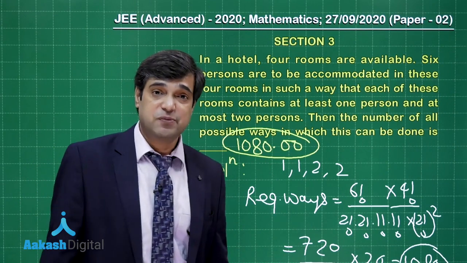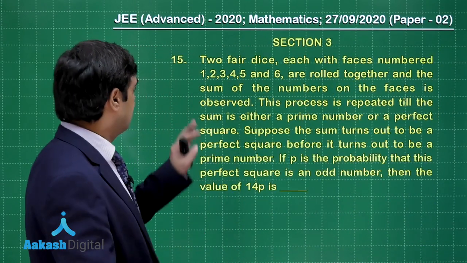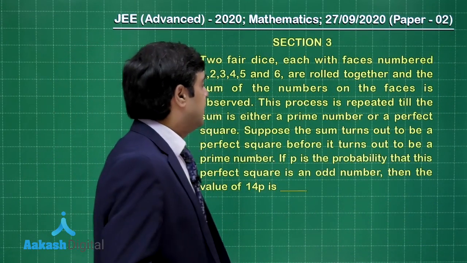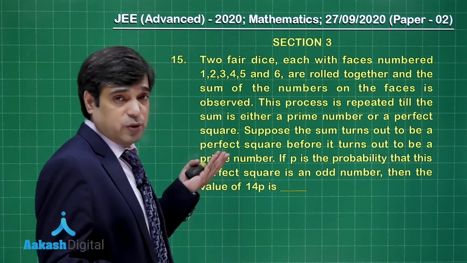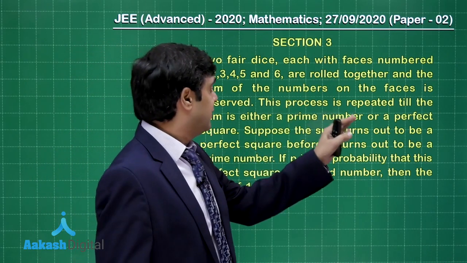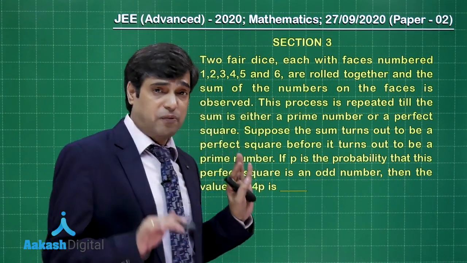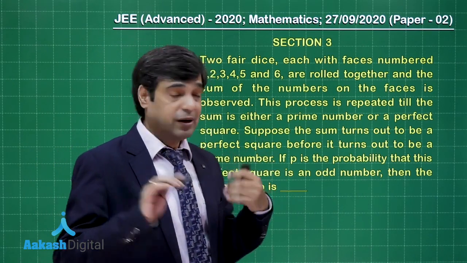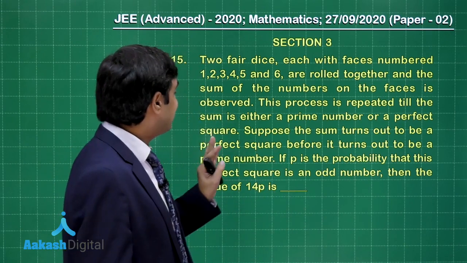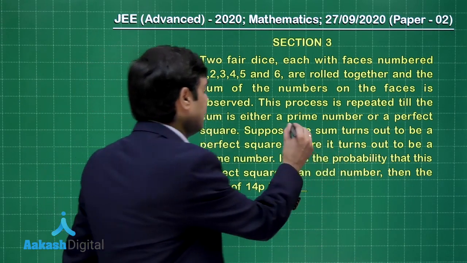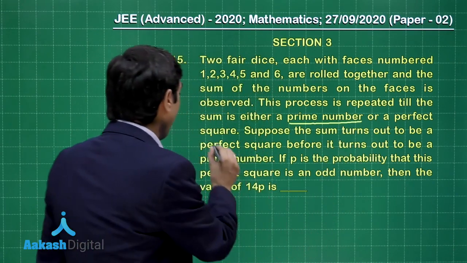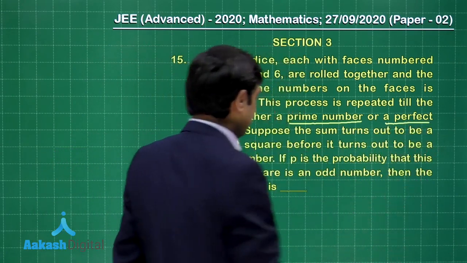Time to take up the next one, that is question number 15. 2 fair dice, each with faces numbered 1 to 6, are rolled together and the sum of the numbers on the faces is observed. Obviously, the sum of the numbers can be 2 to 12. This process is repeated till the sum is either a prime number or a perfect square.